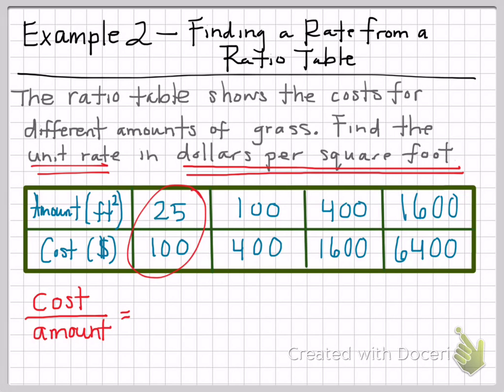You can take this pair, you can take this pair, and this pair. Well, let's think. Which one would you want to take? Maybe the smaller one because it's easier numbers to work with. So, the cost would be $100 per what? How many square feet do we get? 25. Thank you. And then that's feet squared.